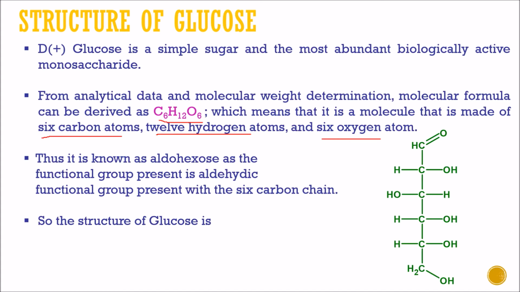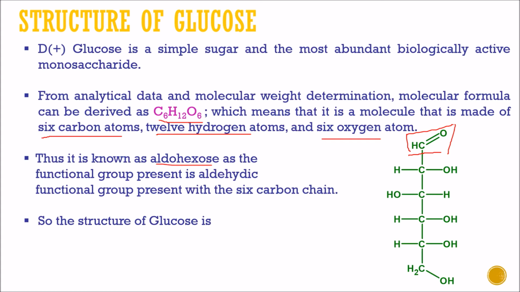Thus, it is known as aldohexose because in the glucose molecule CHO is present as a functional group. So, aldehydic functional group present with 6 carbon chain, it is known as aldohexose.